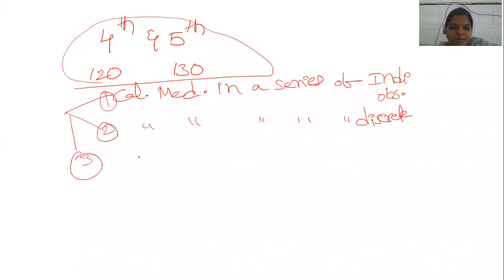Third, calculation of median in a series of continuous observations.